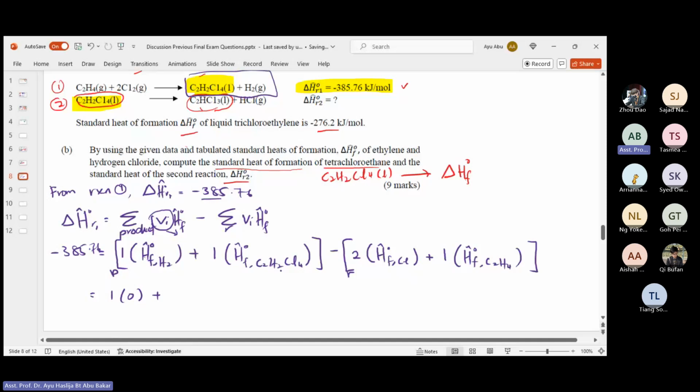Sorry, the C2H2Cl4 is the one that we need to find, the unknown. So this one will be left unknown. Find out the heat of formation of Cl2 and also ethylene. What is the heat of formation of Cl2?